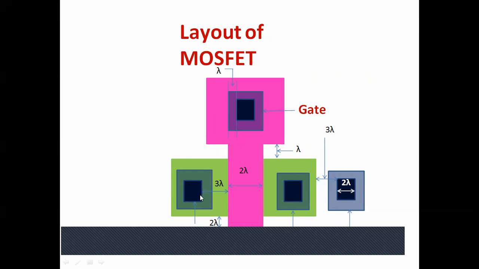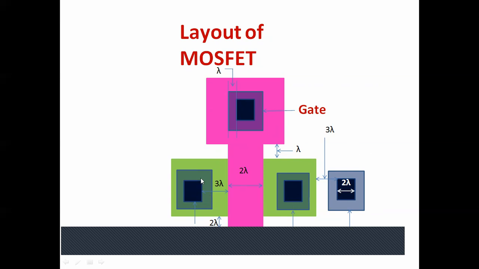Now this is the inside extension of polysilicon. This has to be 2 lambda. Since it is an extension, it should be 2 lambda. And the poly active area contact to poly edge spacing has to be 3 lambda. In this way, you need to specify all the dimensions when you draw the layout of a MOSFET.